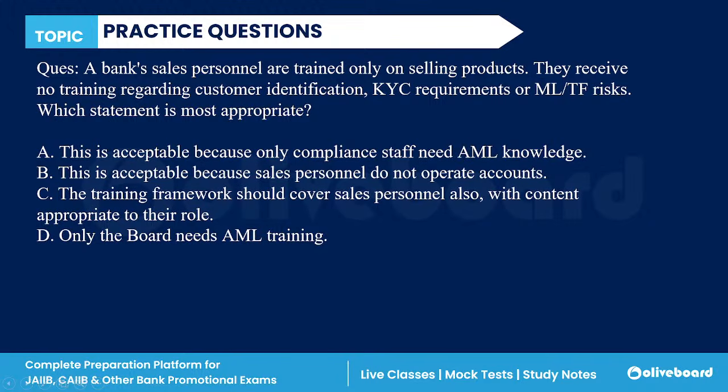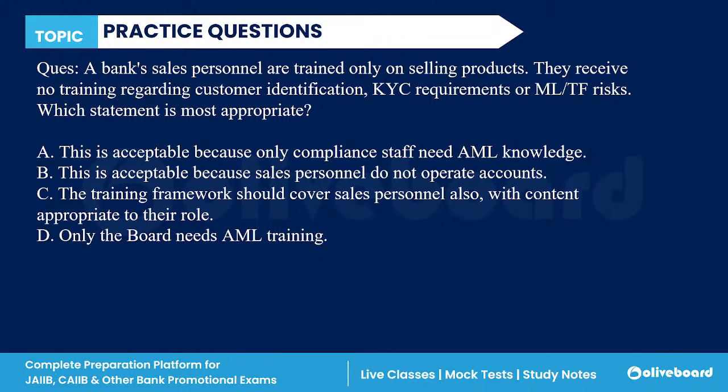Next question. A bank's sales personnel are trained only on selling products. They receive no training regarding customer identification, KYC requirements, or the money laundering and terrorist financing risk. Which statement is most appropriate here?